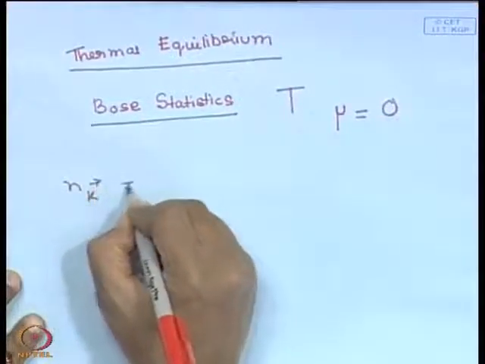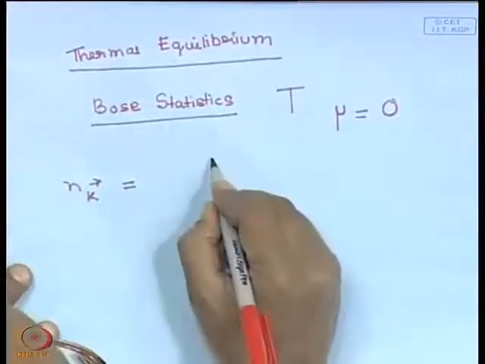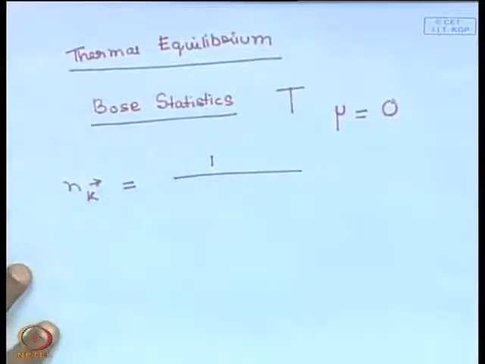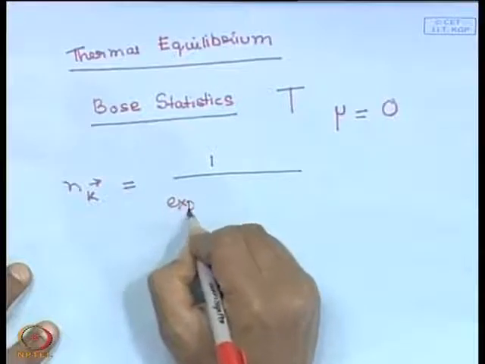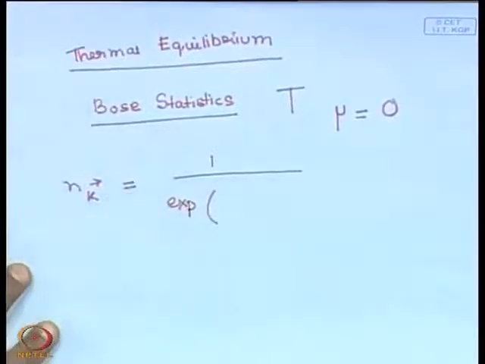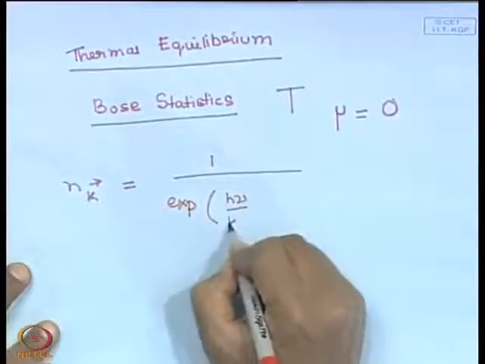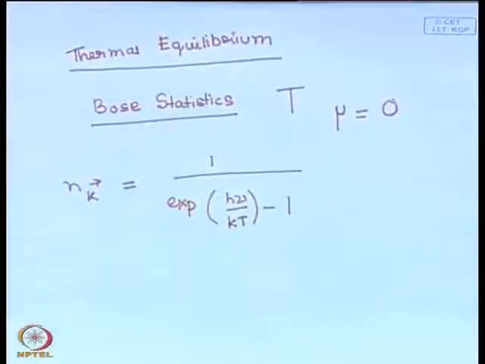and then you can straight away write down the occupation number. In thermal equilibrium, this is isotropic and it is a Bose distribution with 0 chemical potential. So, it is 1 by exponential of the energy by kT, and the energy we know is h nu, so 1 by exponential of h nu by kT, minus 1, that is the Bose distribution.